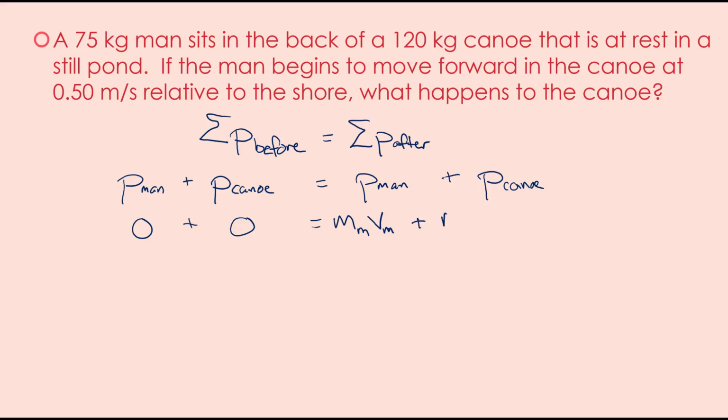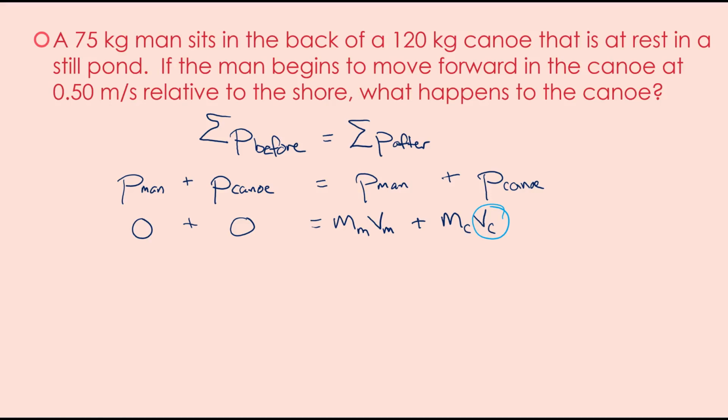Then we look at the mass of the canoe times the velocity of that canoe. So if we want to solve for the canoe's velocity, the velocity of the canoe afterwards, then we're going to have to get that v by itself.